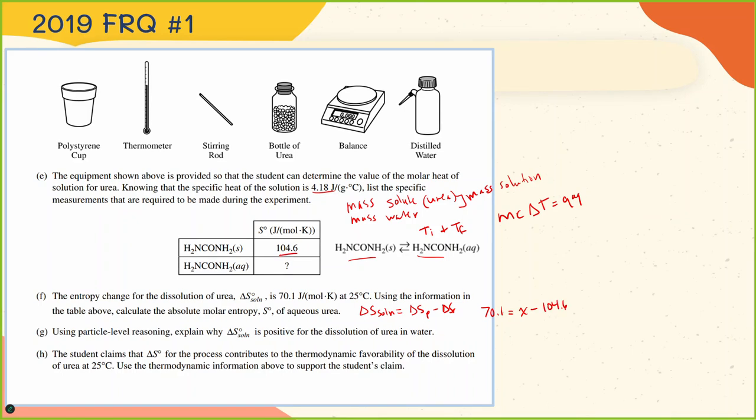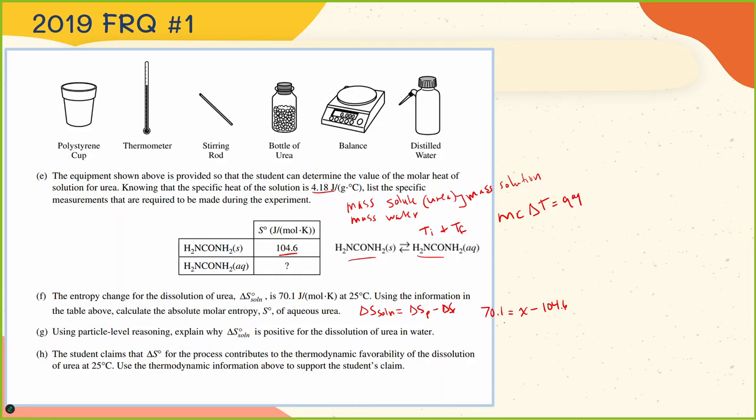And we can work backwards to find the product there. And that would make sense. The aqueous is going to be higher in entropy anyways. So just add the 104.6 to the 70.1.